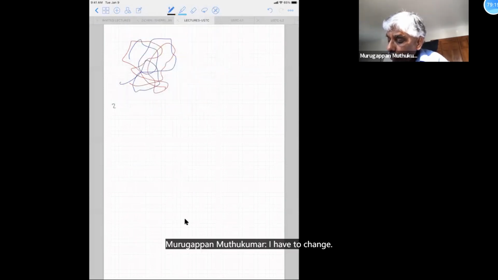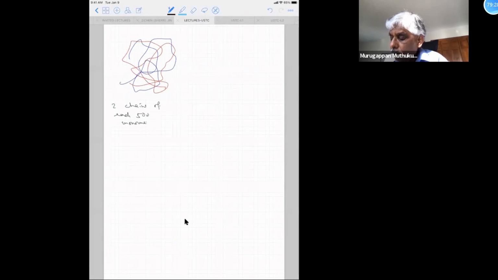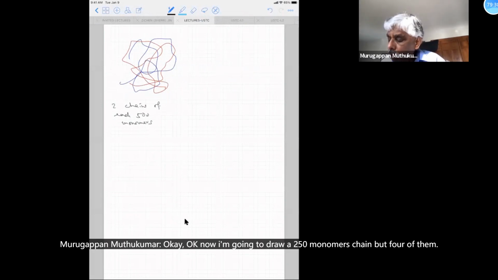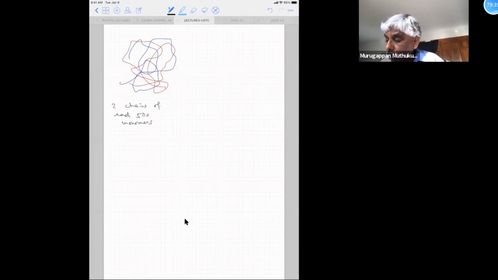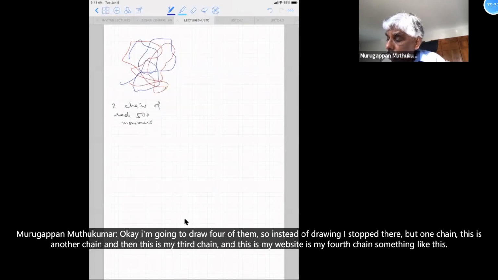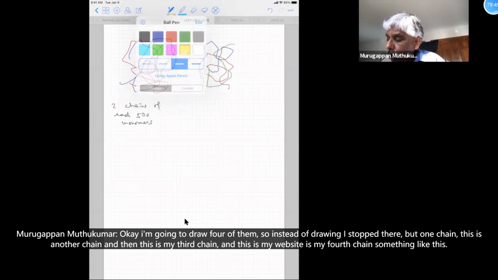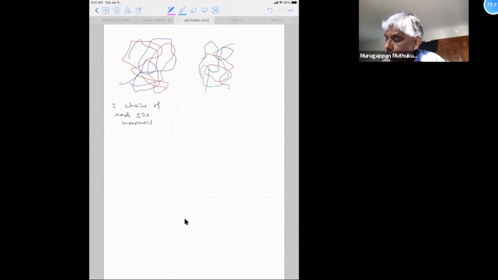So I have two chains of, say, 500 monomers each. Now I'm going to draw chains of 250 monomers, but four of them. That's one chain, this is another chain, this is my third chain, and this is my fourth chain, something like this.